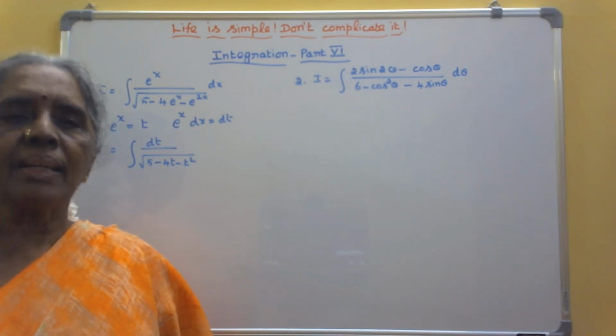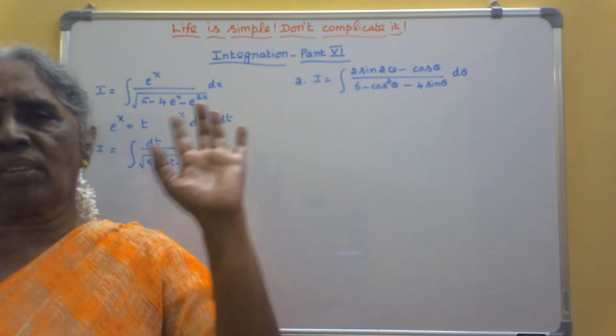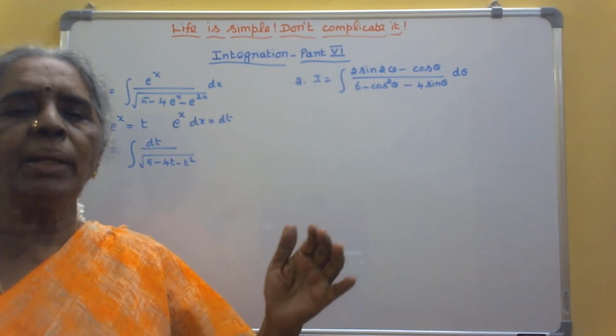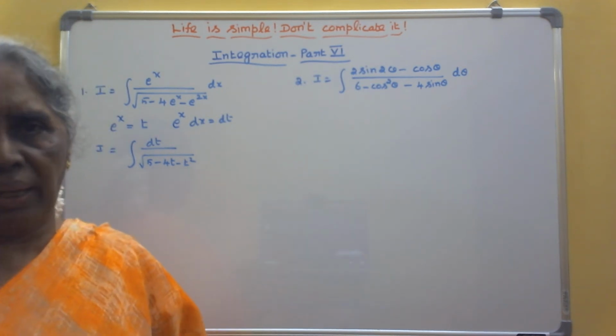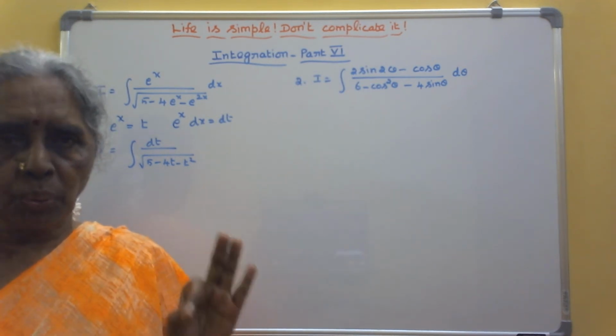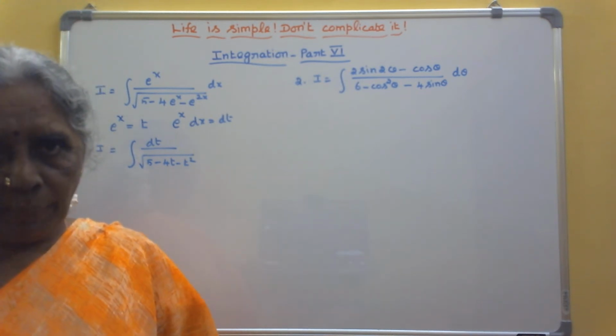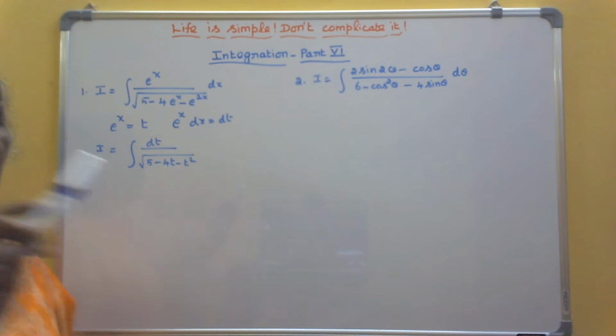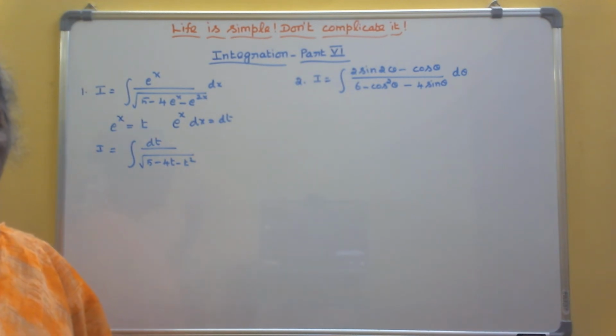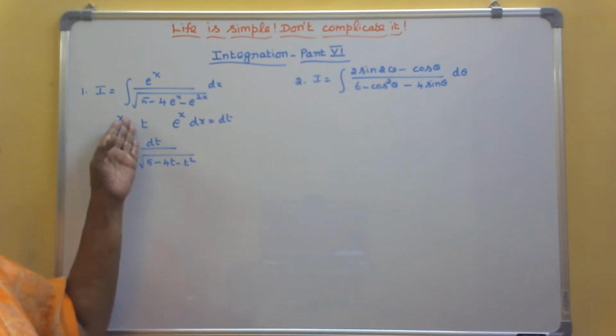The numerator is a constant 1. The denominator is a quadratic in t. That is, it is a root quadratic. So you have to use the completing the square method and do the integration with t as the variable of integration. Finish the sum. In the final step, for t, you write e power x.